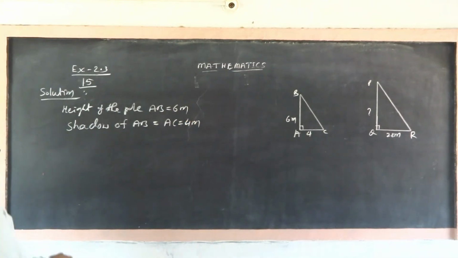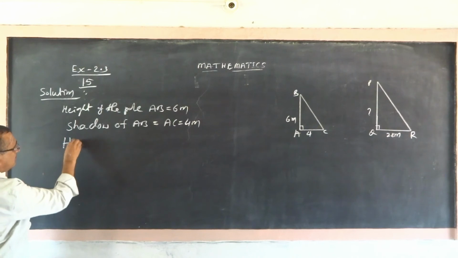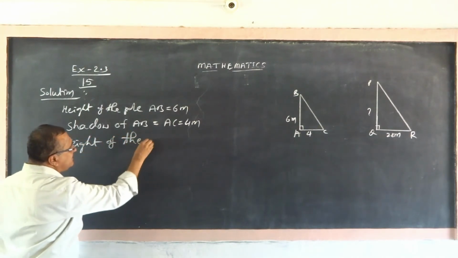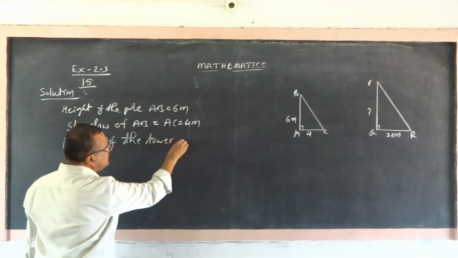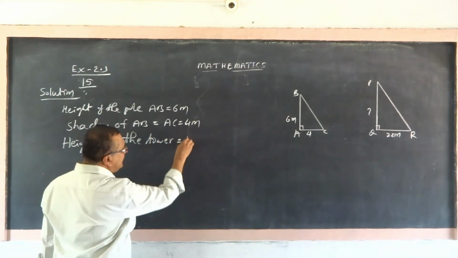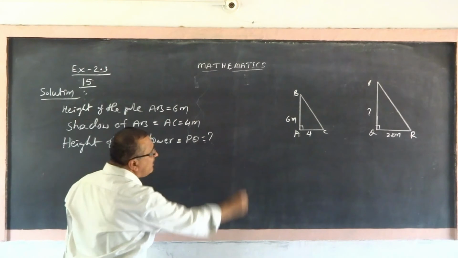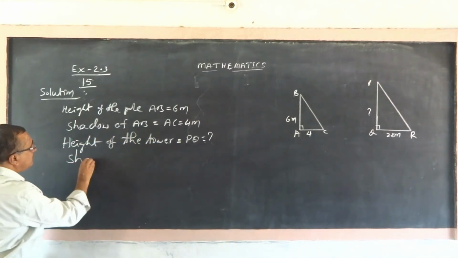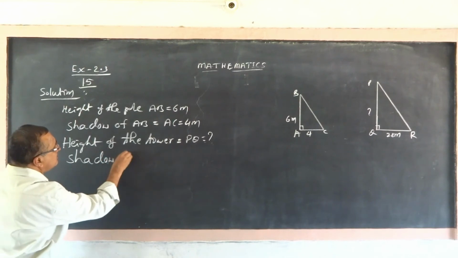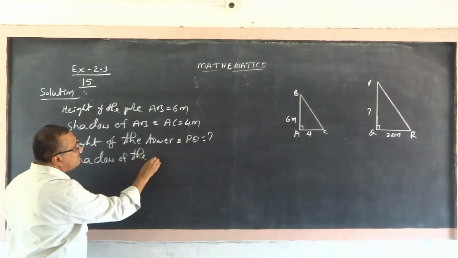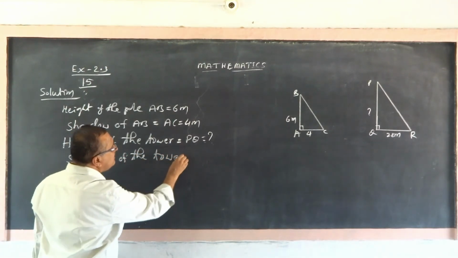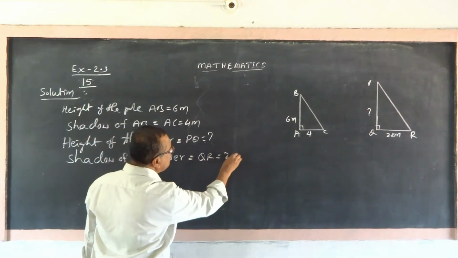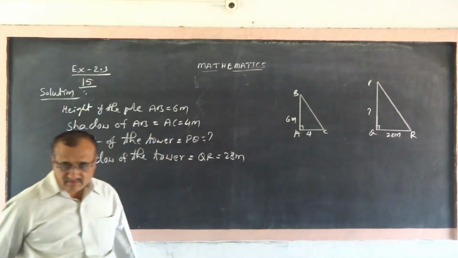Next, height of the tower. Let's say it is PQ. You require to find that out. What is the shadow of the tower? They have given, the shadow of the tower will be QR. It will be 28 meter.